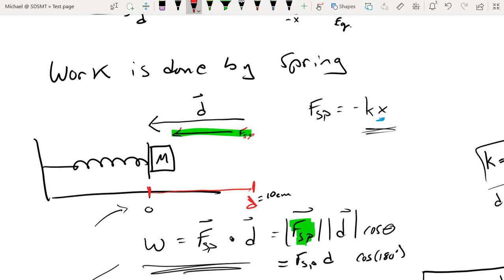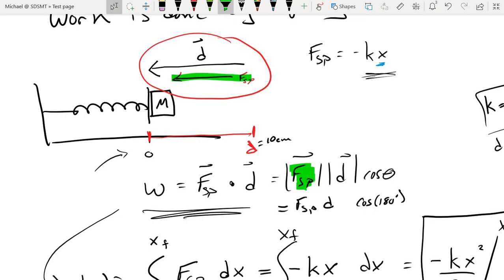When that happens, our spring force and our displacement are pointing in the same direction. That means our angle relationship is no longer 180, but rather 0. And so we should expect to have positive work done.